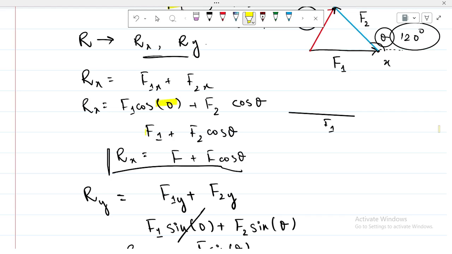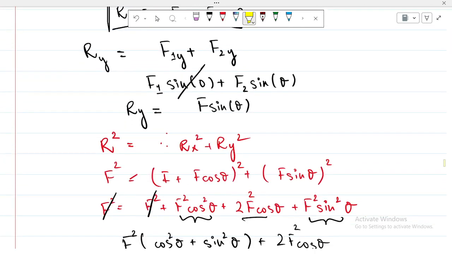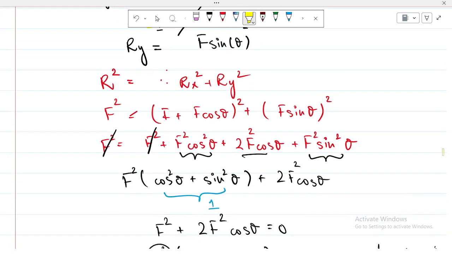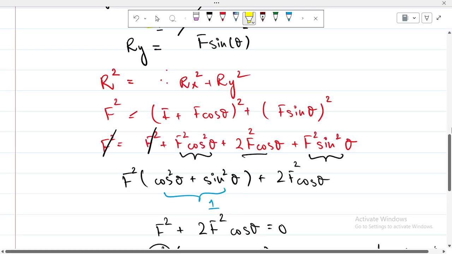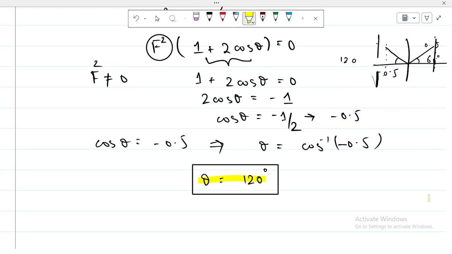So it turns out to be, we get this. As far as the y component of F1 is concerned, there is no y component. So it is straight 0. The only component that remains is the F2 component, F2y component. We just use the Pythagoras theorem that we have already discussed, which relates the resultant to the two rectangular components. We just simplify it, and at the end we are left with theta equals 120.